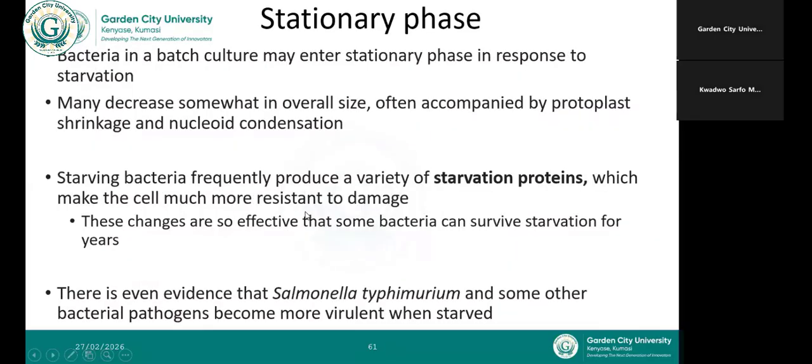But some organisms, once they are in the stationary phase and nutrients become depleted or are depleting, they produce starvation proteins, and this can increase the virulence factor. So, example, Salmonella typhimurium, they can be virulent when they are starved of nutrients for a while.